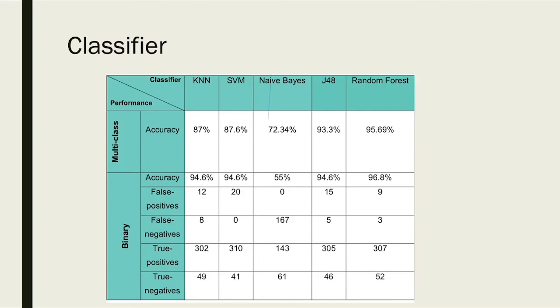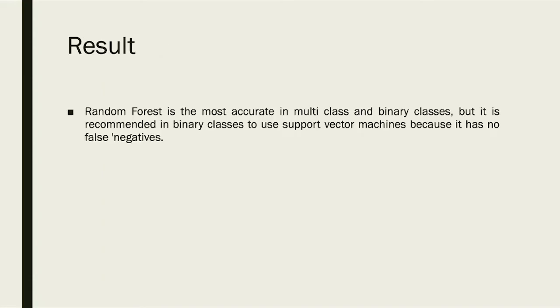Random forest is the one with the highest, with 95.79% in multi-class and 96.8% in binary, but it has some false negatives. As a result, random forest is the most accurate in multi-class and binary classes, but in binary classes it is recommended to use support vector machines because they have no false negatives.